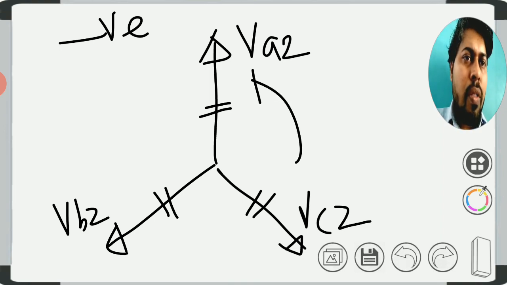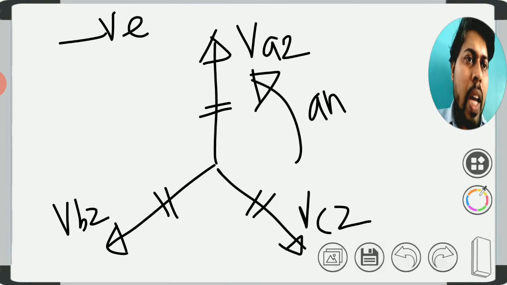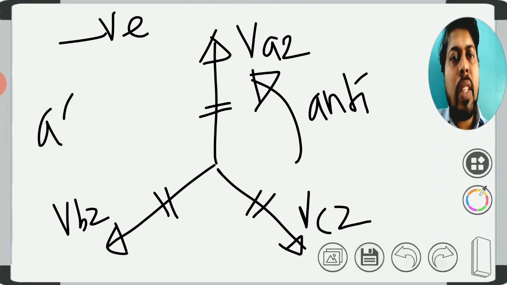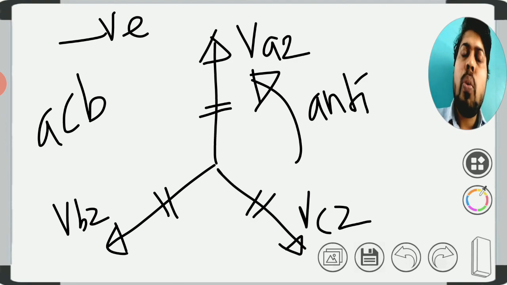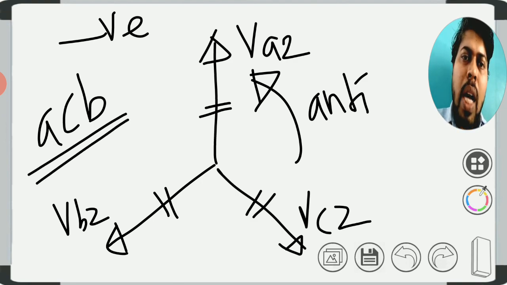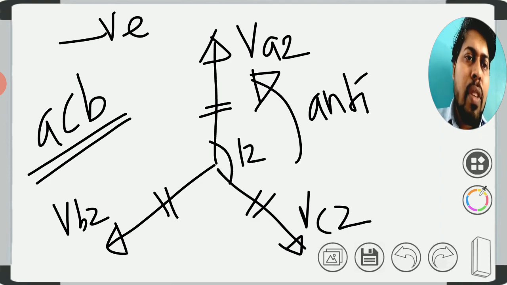The rotation of the phasors is in the anti-clockwise direction, but the sequence is A, C, B. If the original unbalanced phasors have the sequence A, B, C, it is opposite to that, which is called A, C, B. The phase angle difference is also 120 degrees between any two phasors.